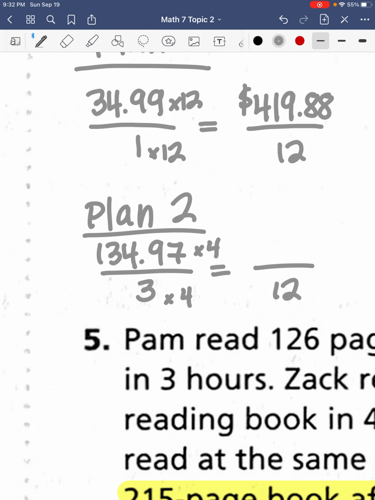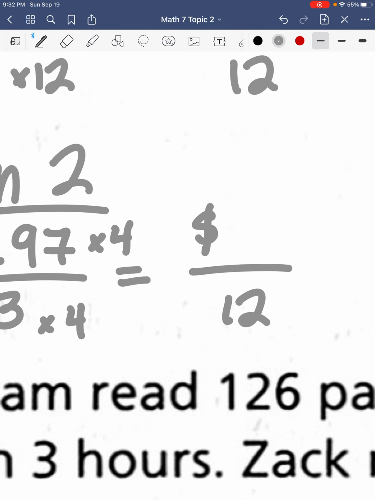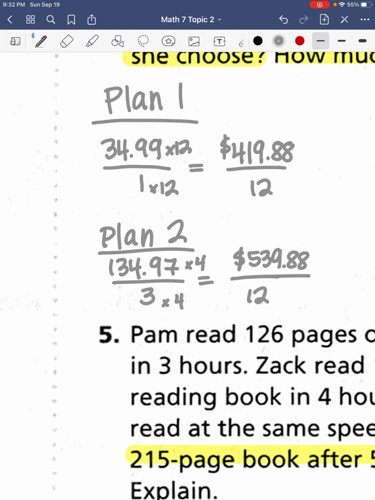And I'm going to multiply $134.97 times 4. And when I put that in my calculator, I get $539.88. So plan 2 would cost Crystal $539.88 in 1 year and 12 months. So which is the better plan?